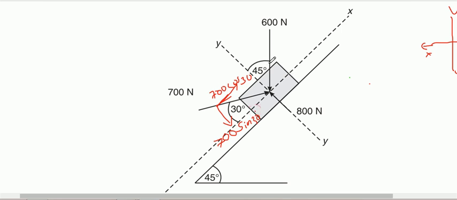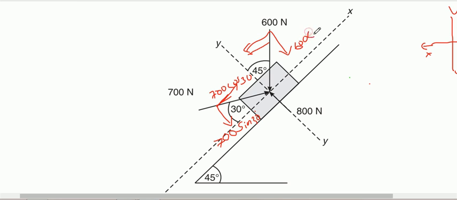Clear? And similarly 600 is a force making an angle of 45 degrees with respect to the Y axis. Now what is the X component and what is the Y component? Like that you have to resolve. What is the Y component here? 600 cos 45.